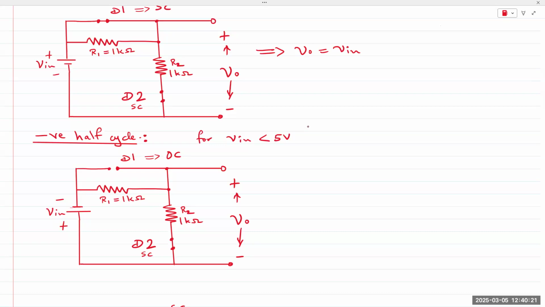And what happens then for V in less than 5 volts? D2 is going to be open. So then what is V out?